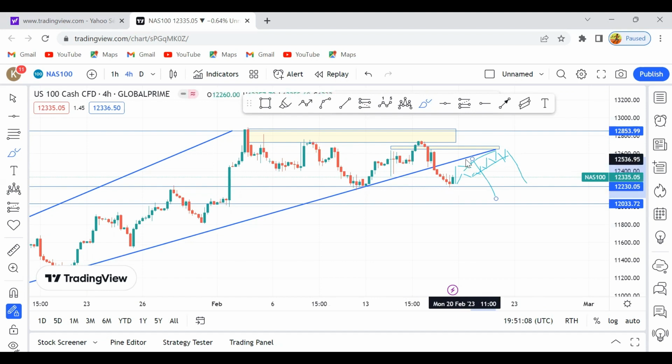So on NAS100, I can see that this week we're expecting a lot of manipulations from the market, trying to test this level here, this zone here, or this double bottom, creating a triple top from this movement going to the upside. So I can say that on NAS100, we're expecting a lot of manipulations from the market.